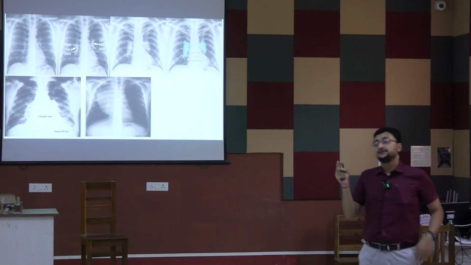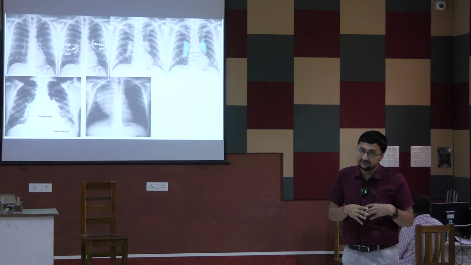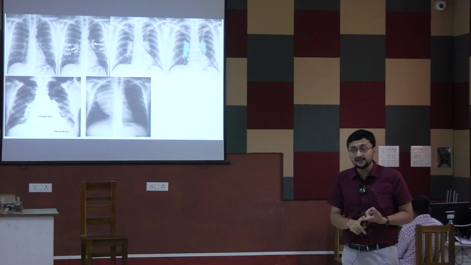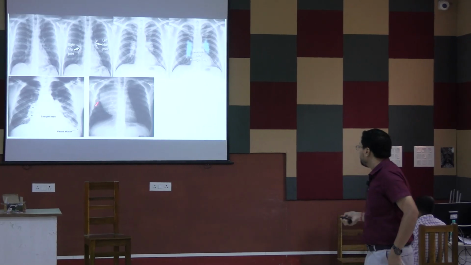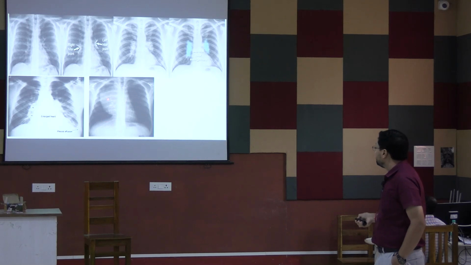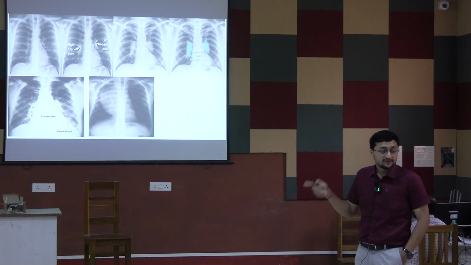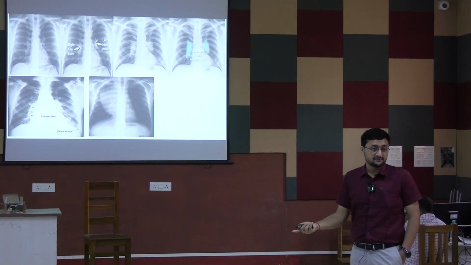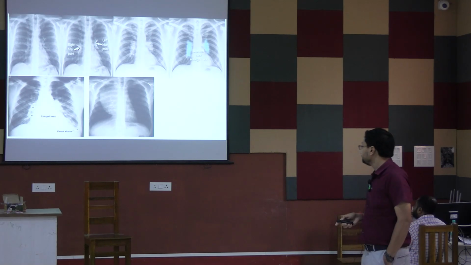If the mass is originating from the hilum or lung itself, then you cannot see the hilar vessels through it. But in this case, the hilar vessels, like these dots, are visible. So this is mediastinal mass. Okay. So this is called hilum overlay sign.